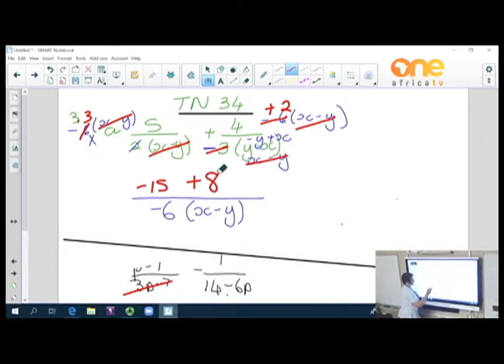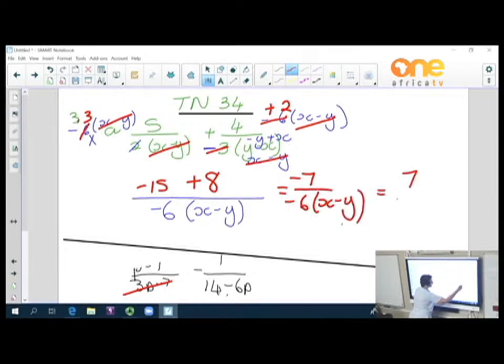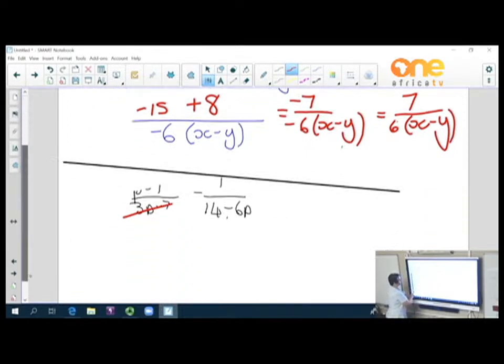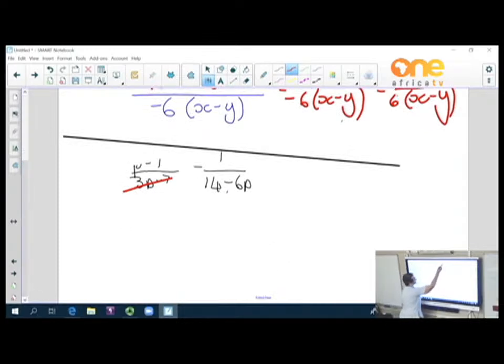So the final answer for this one is then negative 7 over negative 6 x minus y. My negatives will cancel out, so the answer is 7 over 6 x minus y. You can take both as the LCM, but then it's very difficult to simplify later on. So it's easier if we just do it from the start like that.